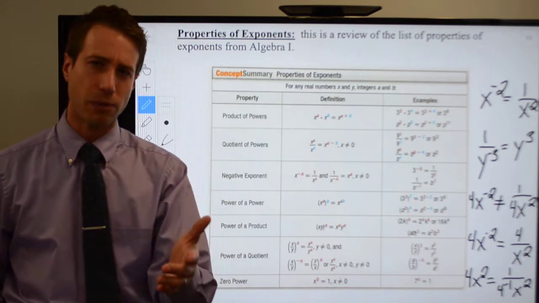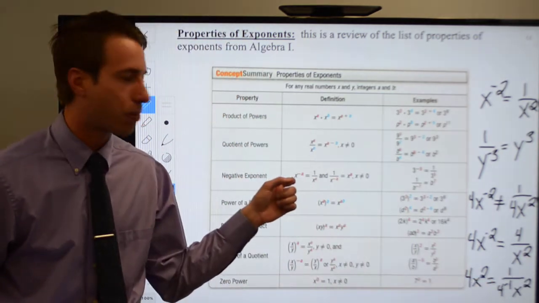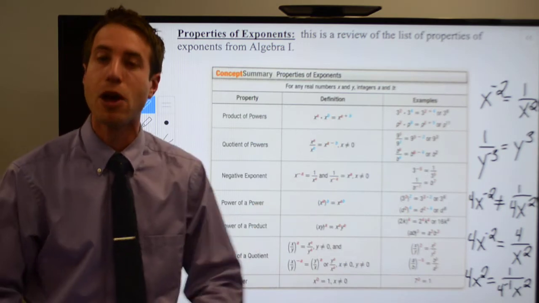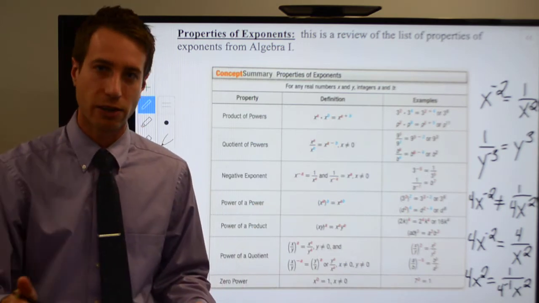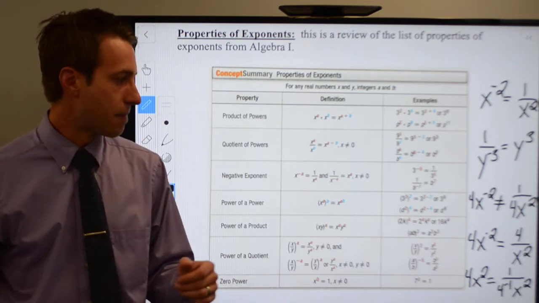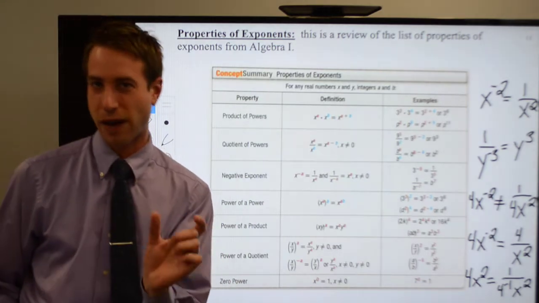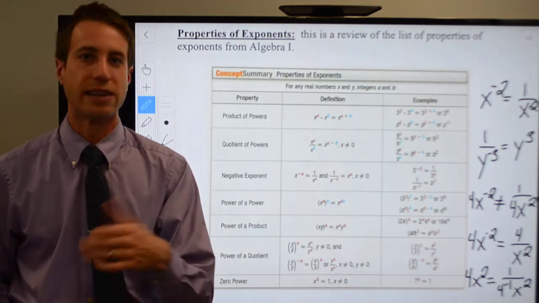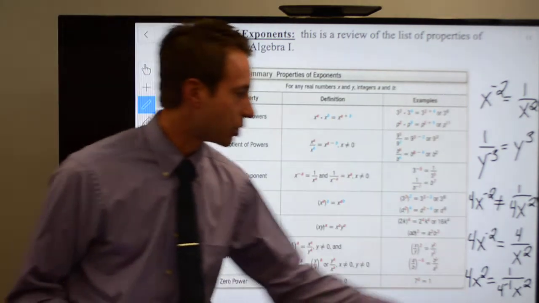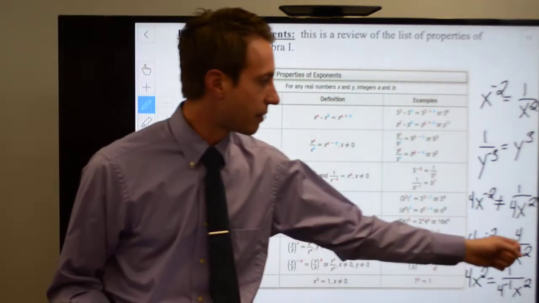The only problem with this is we don't like negative exponents. That's actually the whole purpose of this property. When simplifying, you'll see here in a second, negative exponents are no bueno. We don't like them. Your final solution will never have a negative exponent in it. So you'd actually just bring that 4 right back to the top anyway and leave it as a 4 to the positive 1.